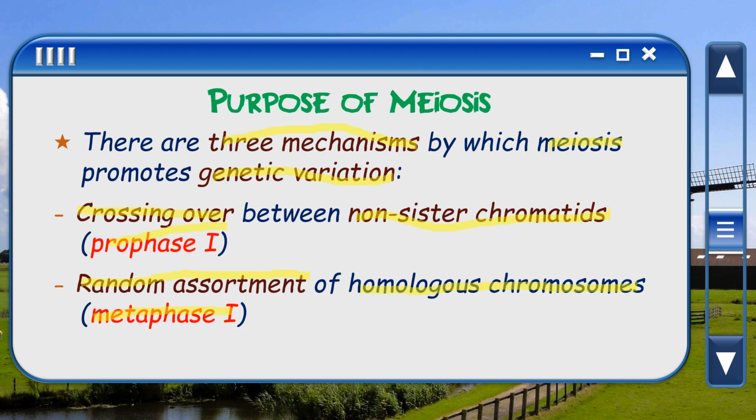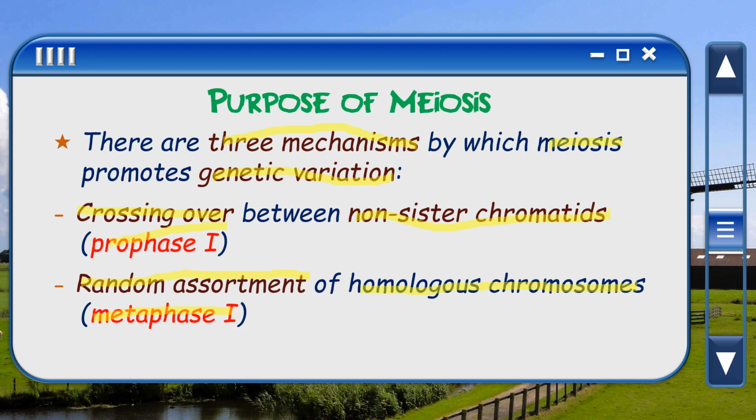Now, when all the homologous chromosomes align themselves on the spindle in the equator, they don't arrange themselves so that all those that came from the maternal side are on one side, and all those that came from the paternal side are on the same side, so that when there is separation, they go in the same cell. No, it is going to be random assortment.